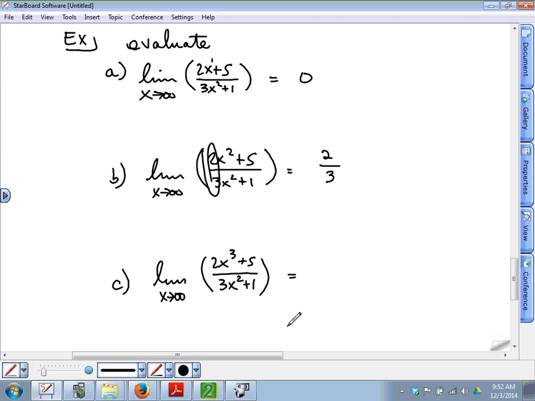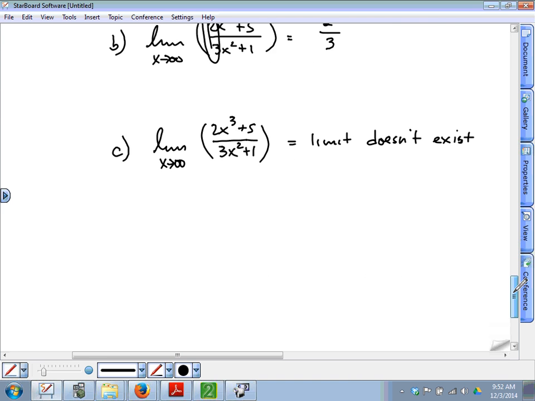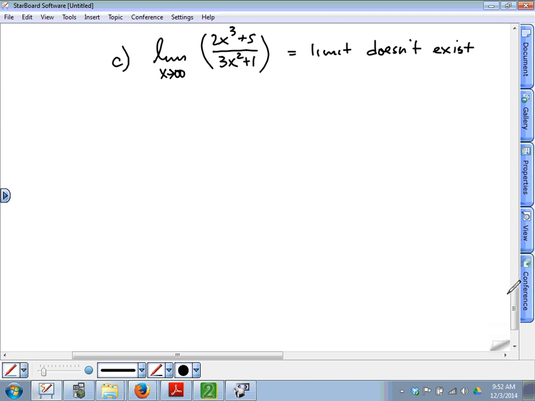If there is no horizontal asymptote, then there is no limit as x approaches infinity. This one has no horizontal asymptote. So the limit doesn't exist. Okay?